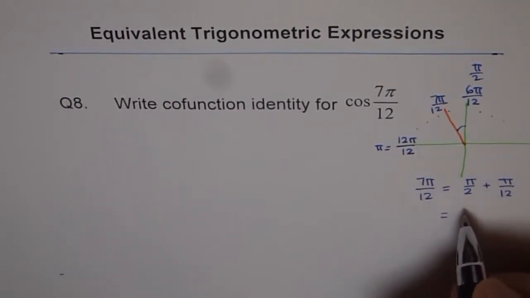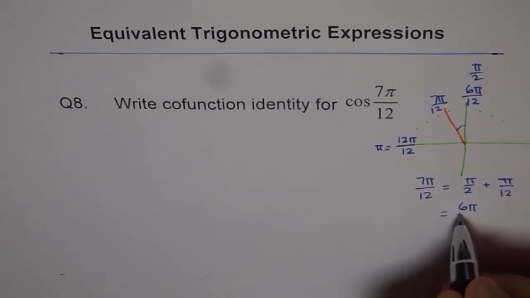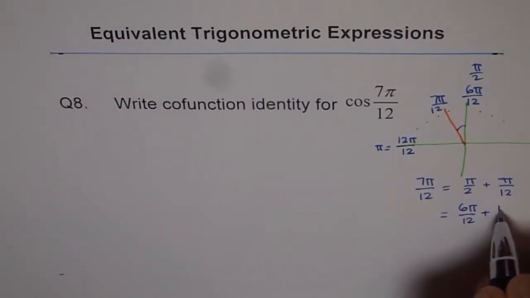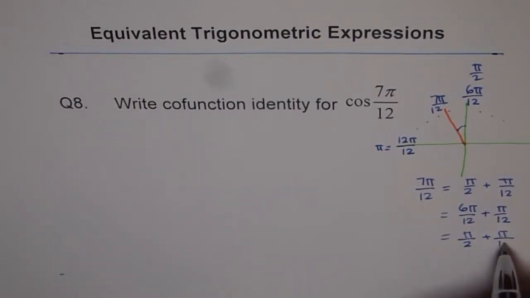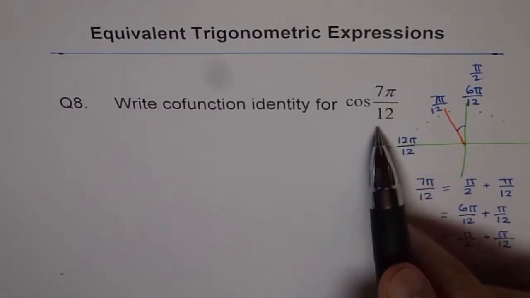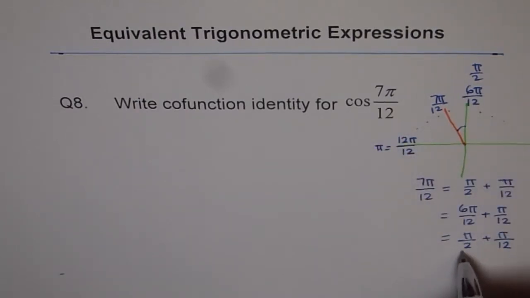I can write 7 pi by 12 as 6 pi by 12 plus pi by 12. Now 6 goes 2 times in 12, so that is pi by 2 plus pi by 12. That is how I get the relation between 7 pi by 12 and pi by 2 plus some number.